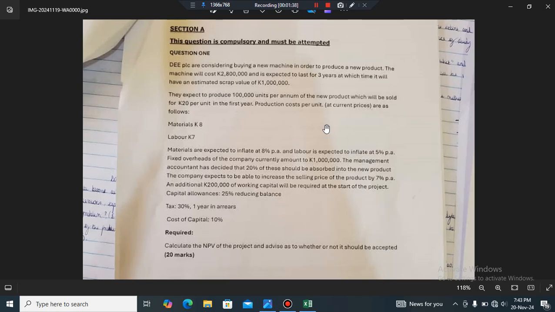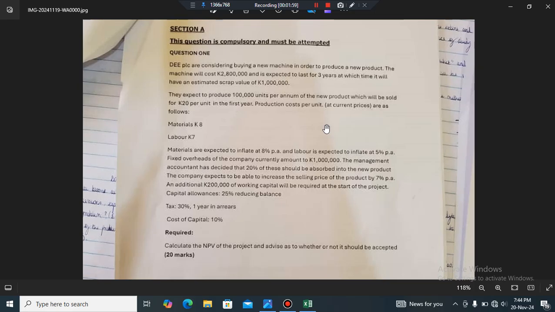Then you need to calculate the cost of capital. If you're given the cost of capital, good. The use of the cost of capital is for you to discount the cash flows from year 0 to the end of the project.